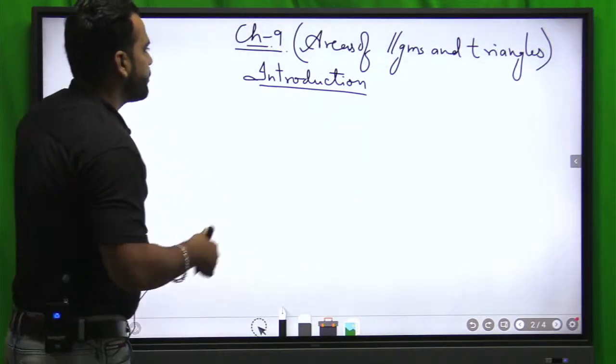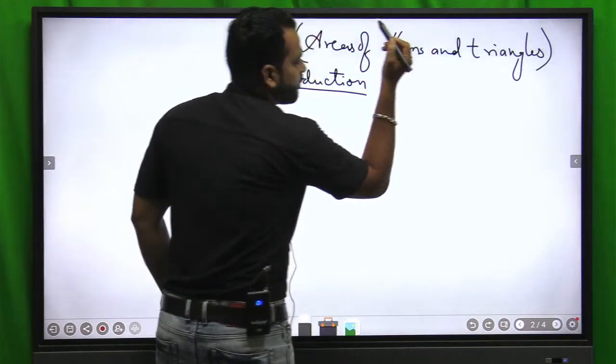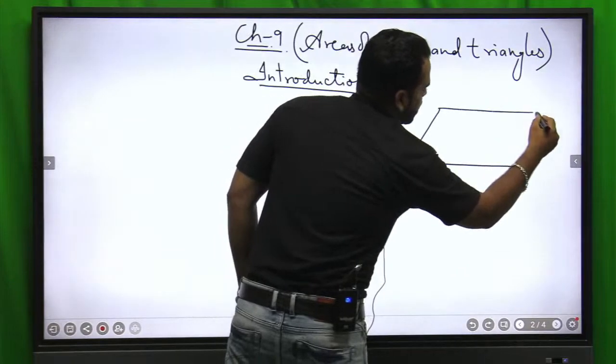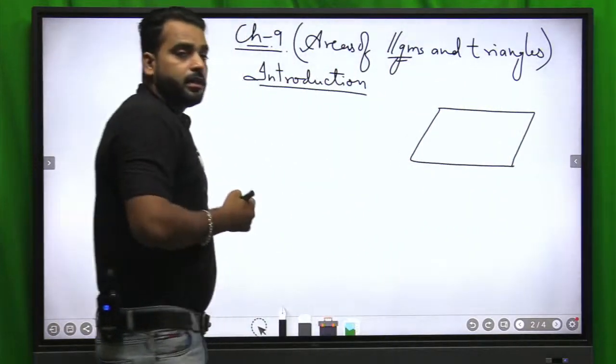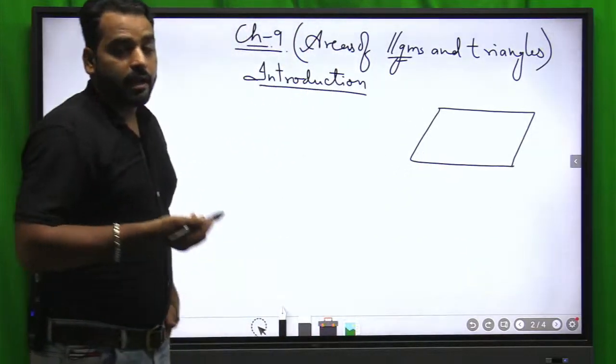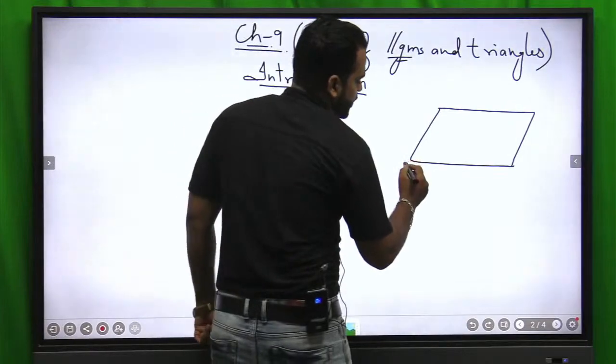So here we go. First of all, we studied what a parallelogram is. We all know that a parallelogram is a quadrilateral in which the opposite pairs of sides are parallel and equal, right? In this figure, look carefully.